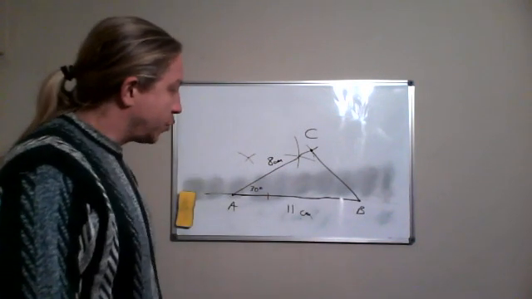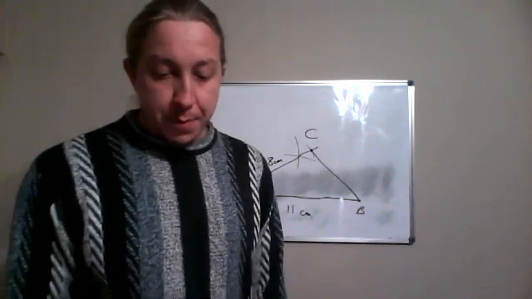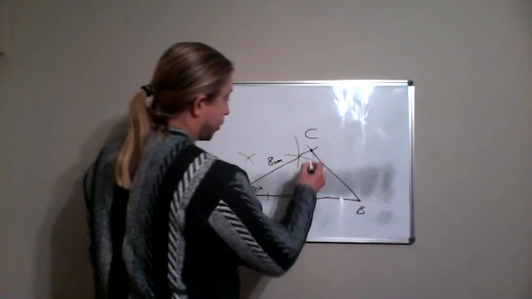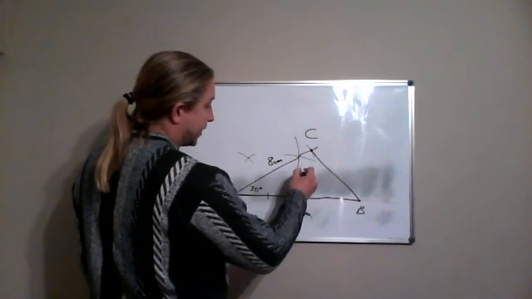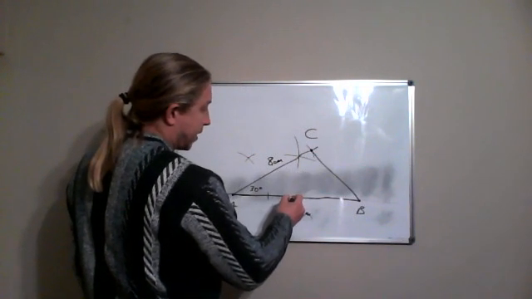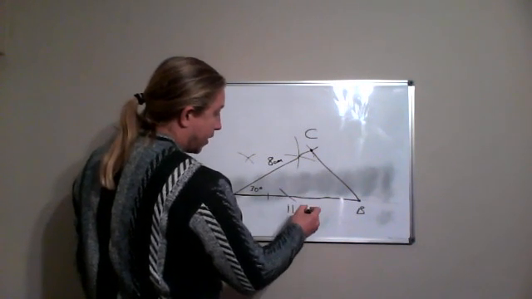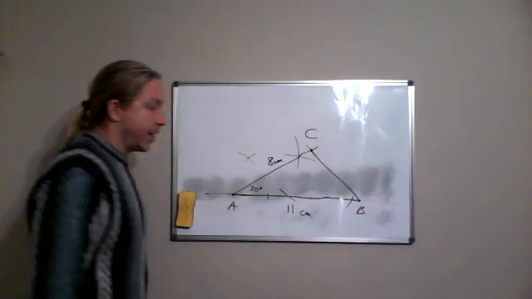How do we do that, guys? How do we drop a perpendicular? You take your compass, extend it to this distance here, somewhere on AB. Make a mark here, and make a mark there.